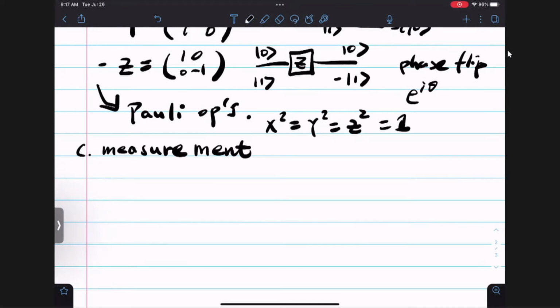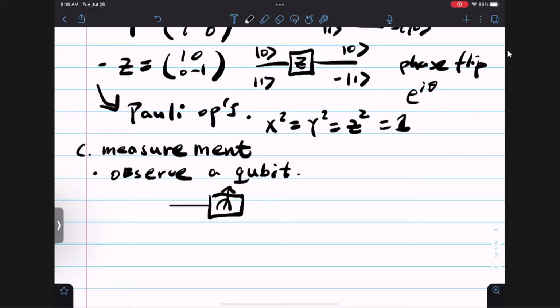So you want to observe a qubit. And in the quantum circuit model, I'm going to denote it using this kind of meter symbol.